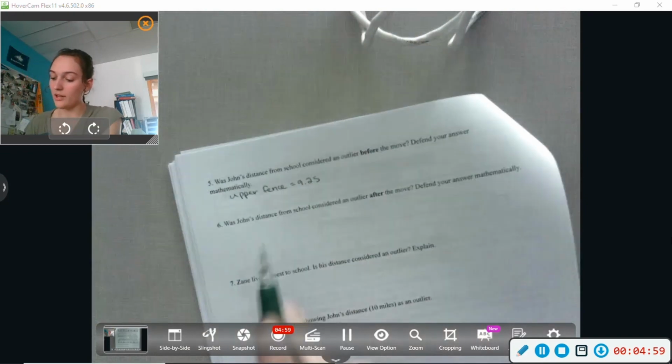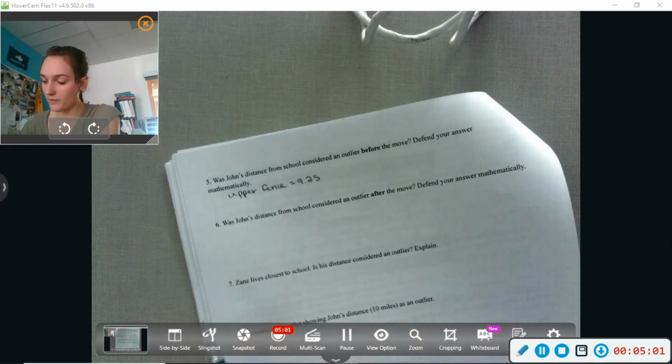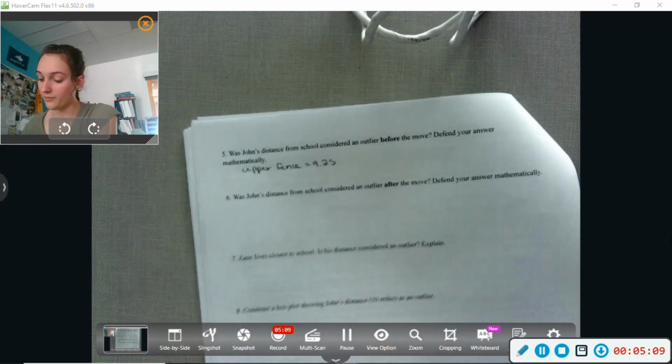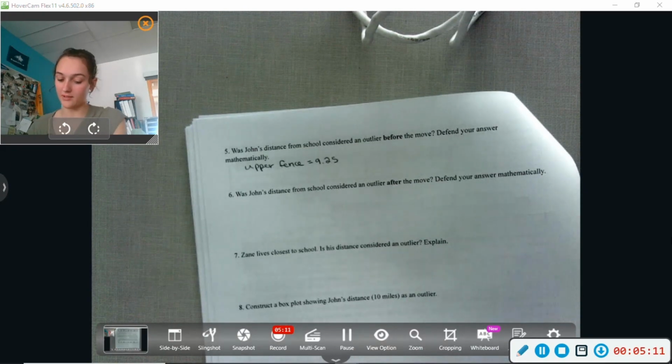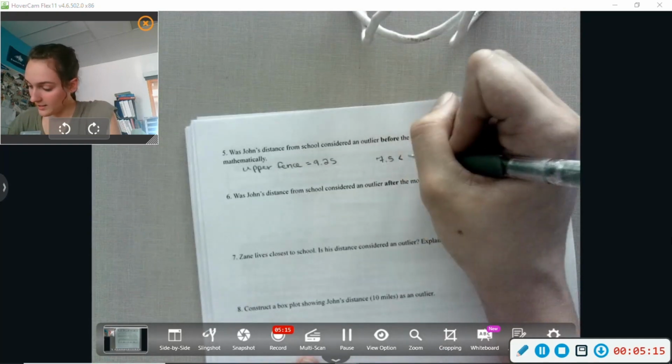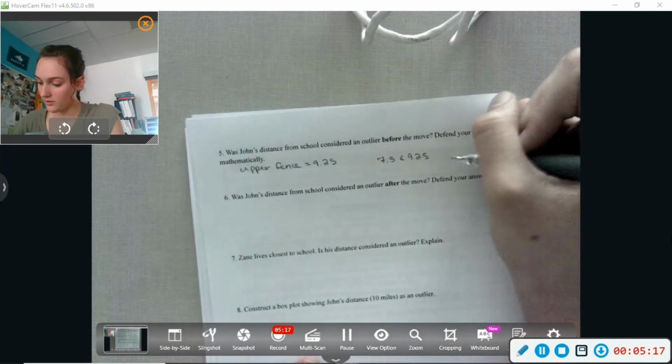And we calculated that by doing 1.5 times the interquartile range, and we added that to our third quartile, okay? That's what the upper fence is, okay? And so 7.5 is less than 9.25, right?